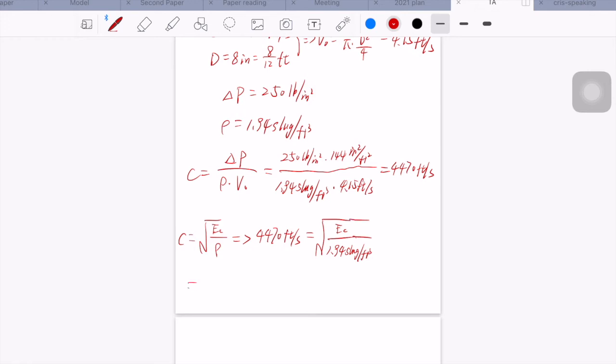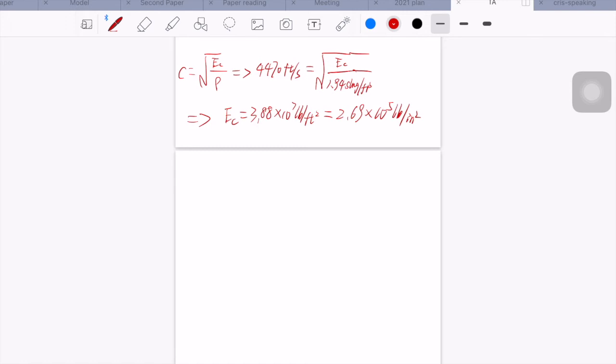So we can get that the EC equals 3.88 times 10 to the power of 7 pounds per square feet. This value also equals 2.69 times 10 to the power of 5 pounds per square inch.